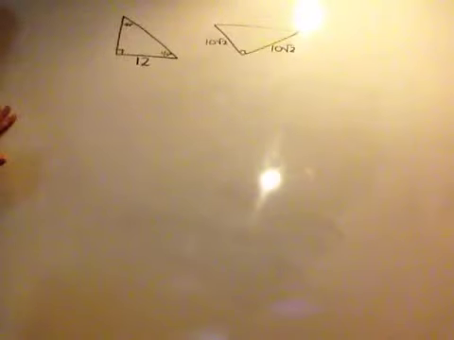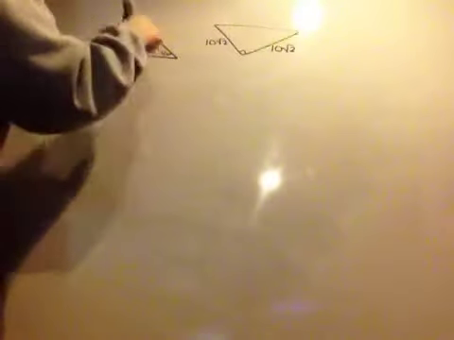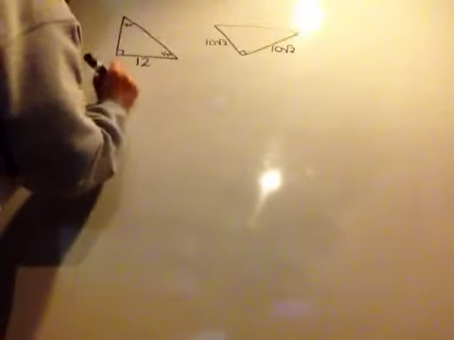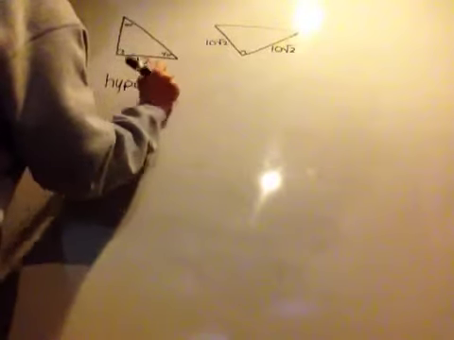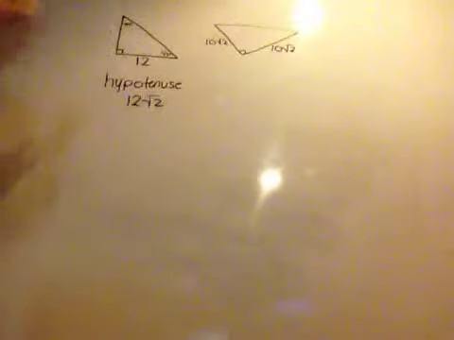So we have a 45, 45, 90 triangle. So we take the leg of the triangle, which is 12, and we multiply it by the square root of 2. So the hypotenuse is the leg times the square root of 2. So 12 times the square root of 2, and then you're done.